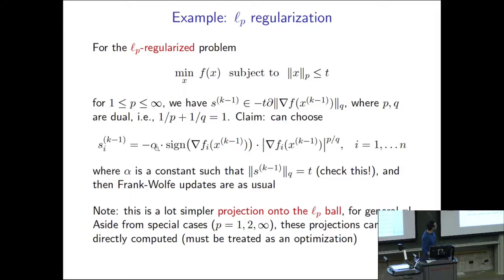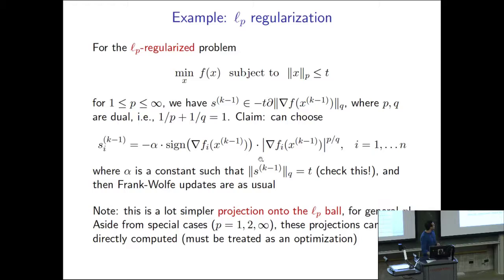If you ignore the minus sign and this scaling alpha, this is what a subgradient looks like up to scalar factors. In the ith component, I take the sign of the gradient in the ith component times the absolute value of the gradient to the power of p over q. You can check that this achieves the max in the problem that defines the Lq norm. And you can check that indeed the norm of this thing in the q norm is equal to t. So once I remove the scaling, the norm is equal to 1, which is what you need.